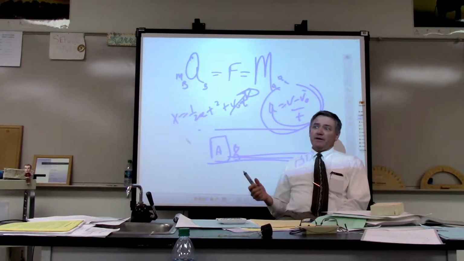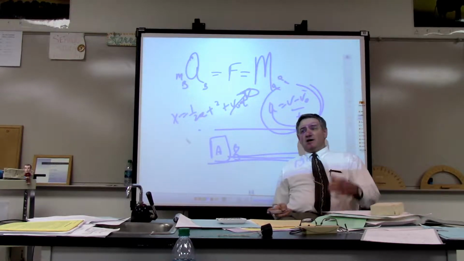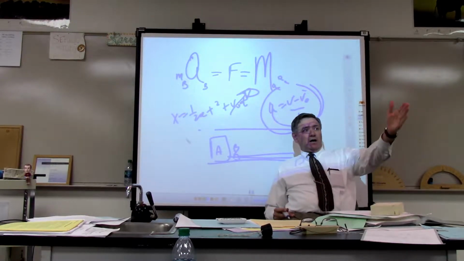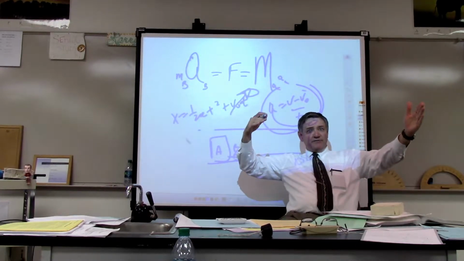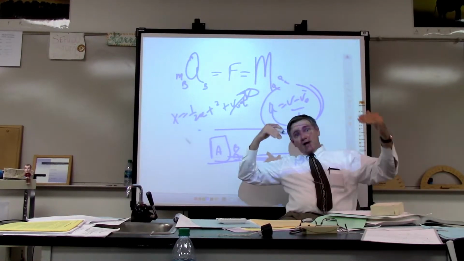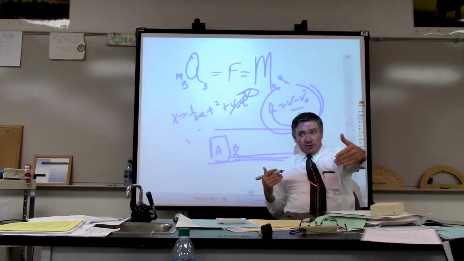But just don't tell me, oh, the one with the larger acceleration. That's not enough. Because I can have Grandma accelerate very, very slowly, and you accelerate very, very quickly, but Grandma can still end up going faster than you if she accelerates longer.